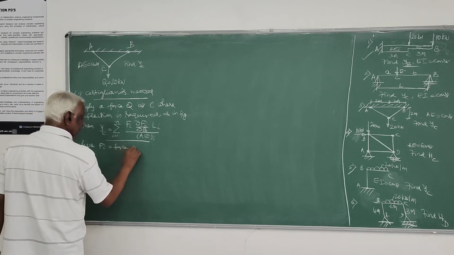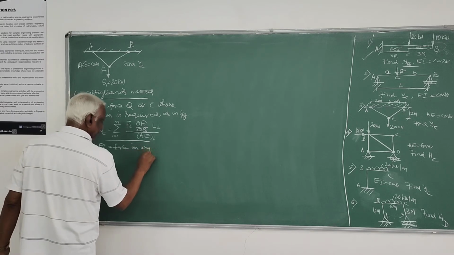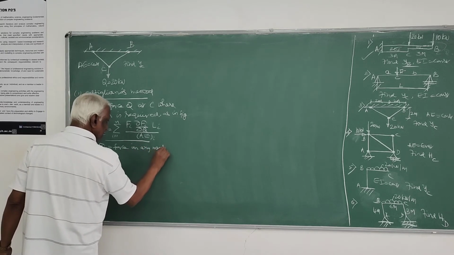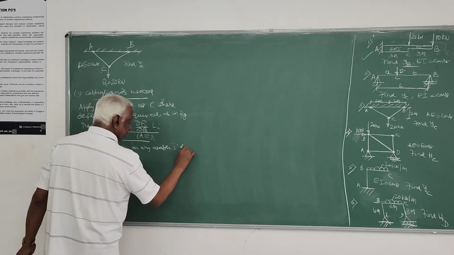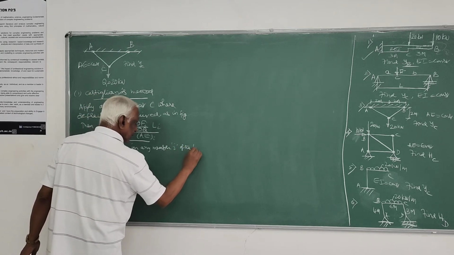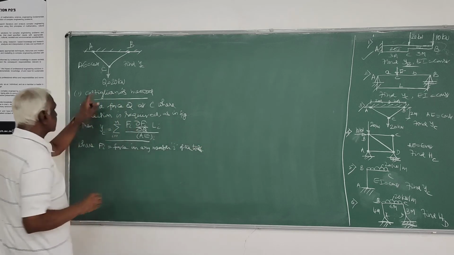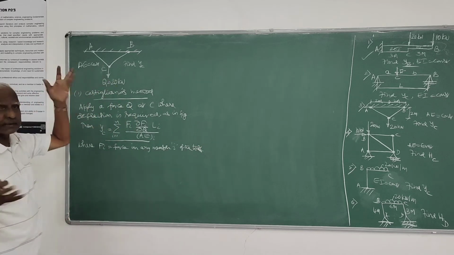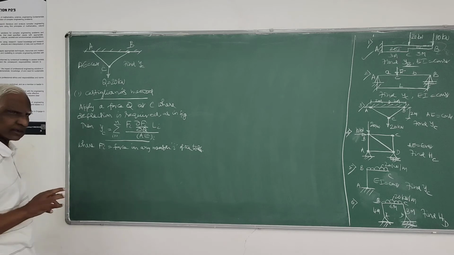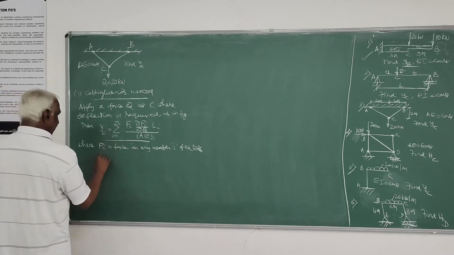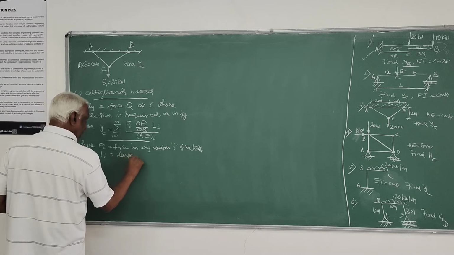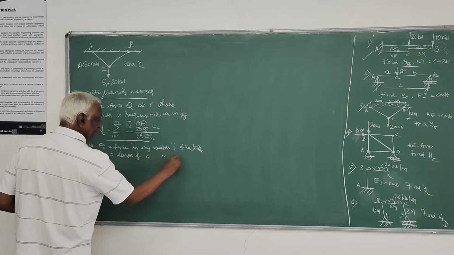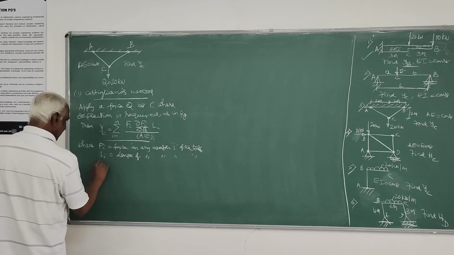So we have to find out Fi, where Fi is the force in any member i of the truss due to this load Q as well as any other load acting on the truss, that also we have to take. And Li is the length of any member i of the truss.